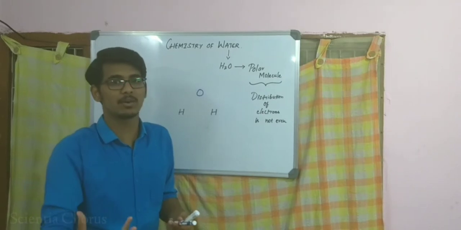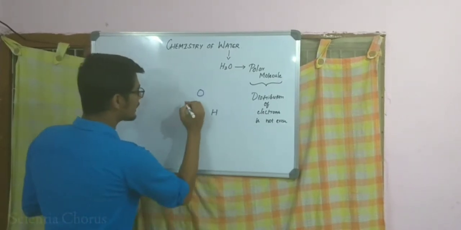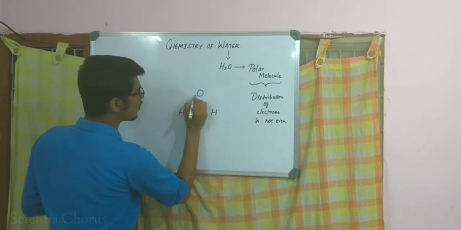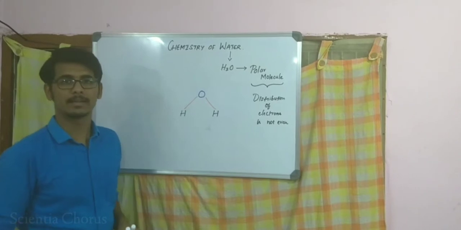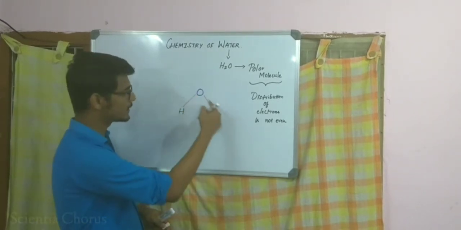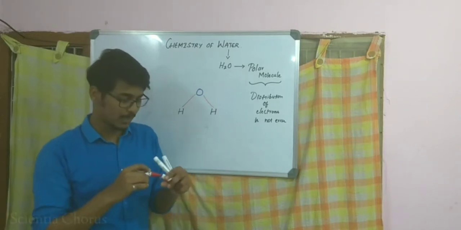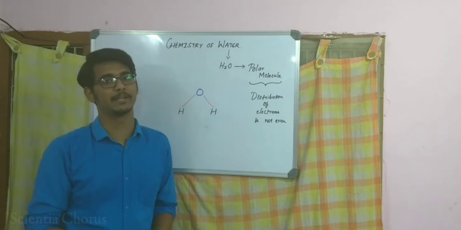What is that interaction called? It is a chemical bond. So the two hydrogen atoms and one oxygen atom are combined with a chemical bond. Now, how this chemical bond has been formed, that we need to know.